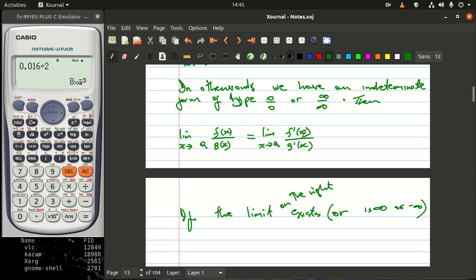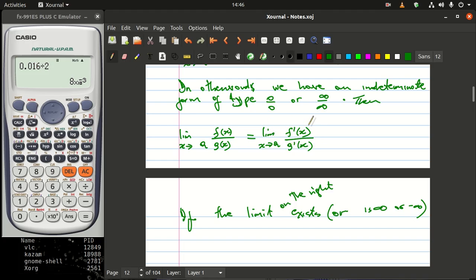I talked about this, and I said I don't want you to confuse the quotient rule with L'Hopital's rule, because L'Hopital's rule says that if, when I plug in this a, I get 0 over 0 or infinity over infinity, all I need to do to solve this limit is take the derivative of the numerator with respect to x, take the derivative of the denominator with respect to x, and then take the limit.